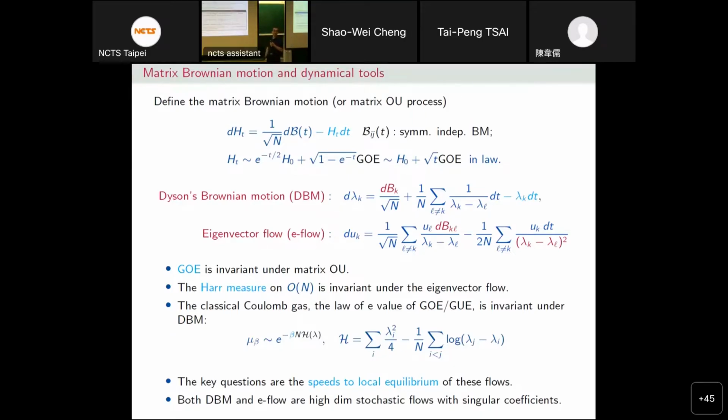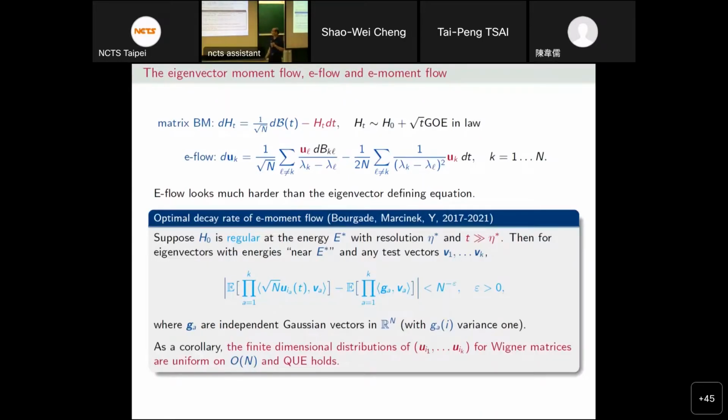Now, I don't think I have that much time to talk about it, but roughly speaking, the way we deal with this is the following. So look at this eigenvector flow here, and now I look at the projection onto the test vectors.